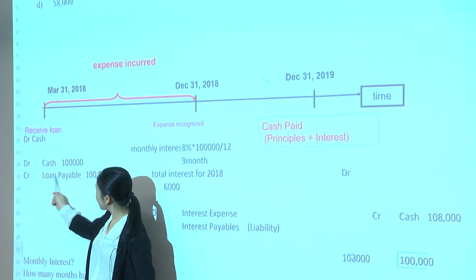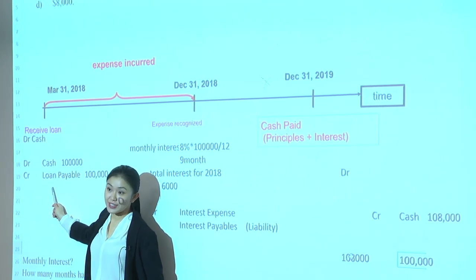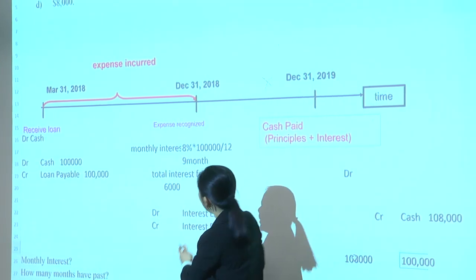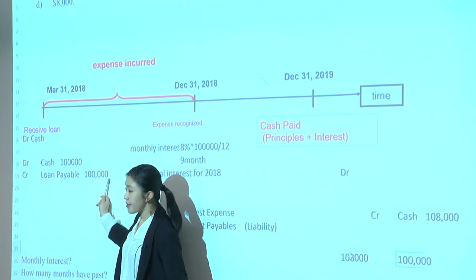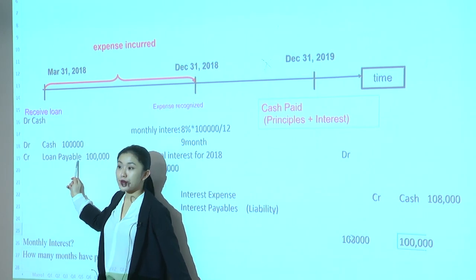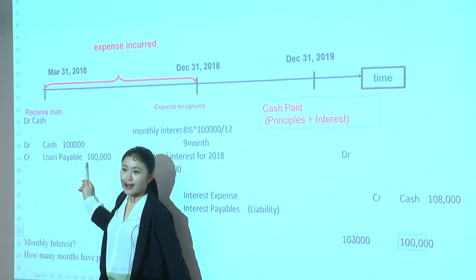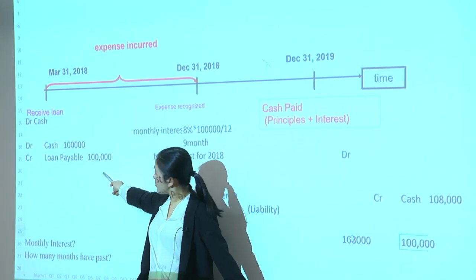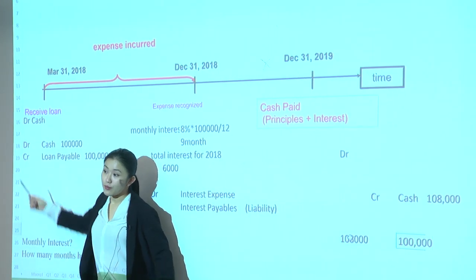We have this account and we haven't touched it for the whole year. This account has 100,000. Now that we pay it back, loan payable should be reduced by 100,000. So we have to remove this one before it's credited. We do the opposite.